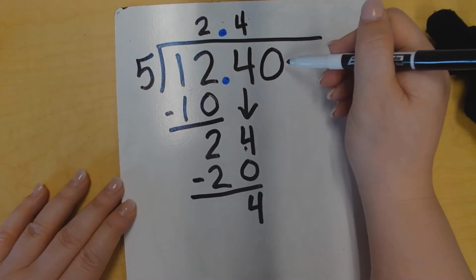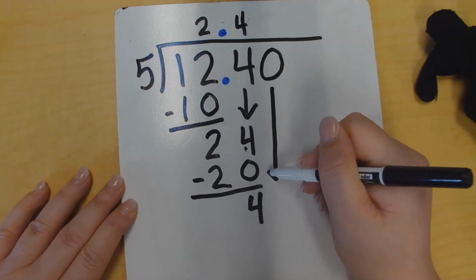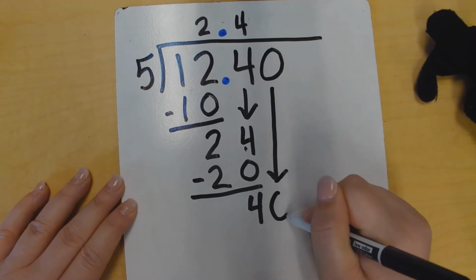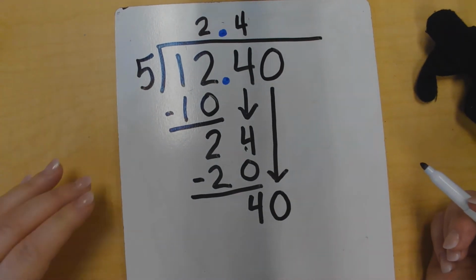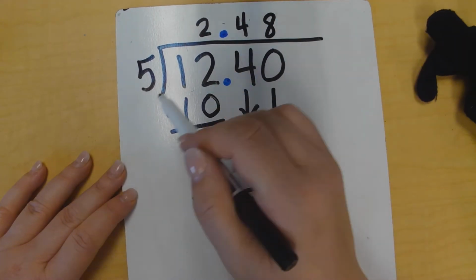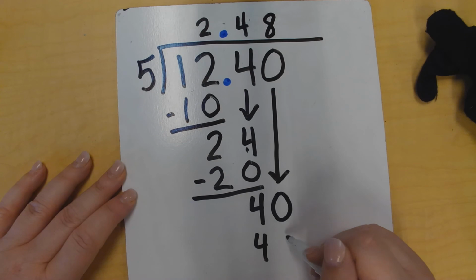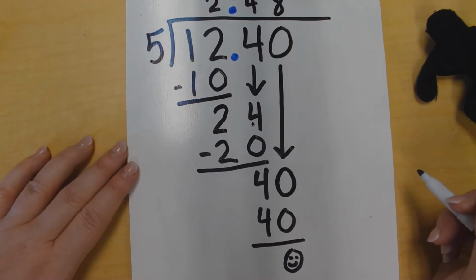So if we add that 0 in the hundredth spot, we would just do the same step as always, bring it down, and now we have 40. 5 goes into 40 nice and evenly, 8 times. 8 times 5 is 40. And you end up with that 0, which means that we are done.